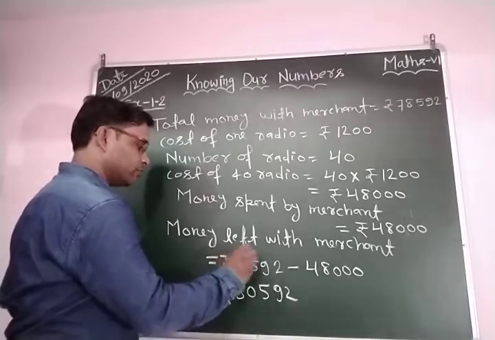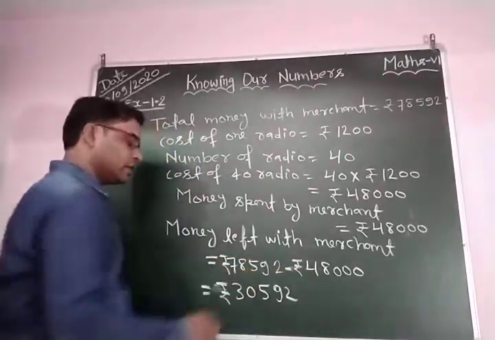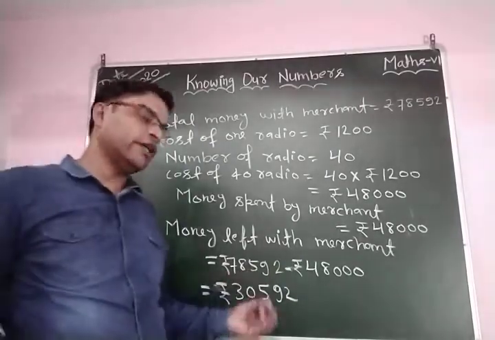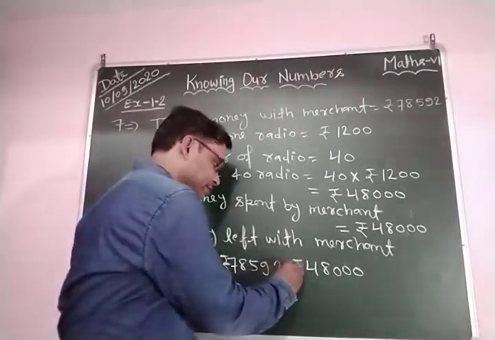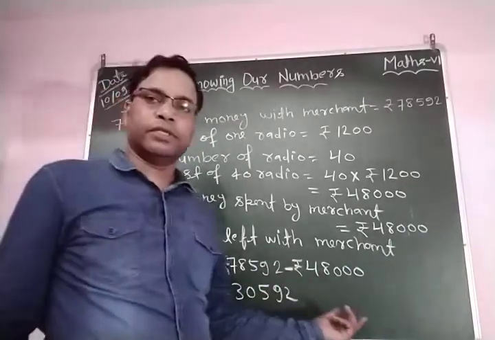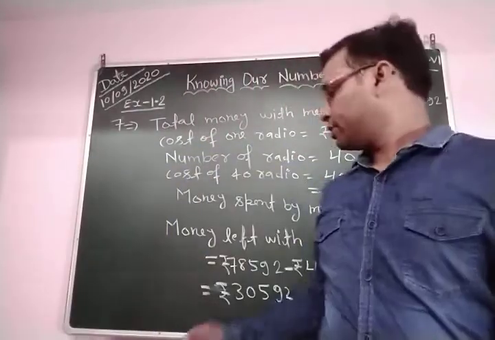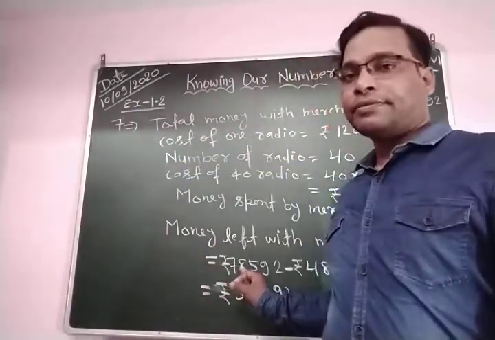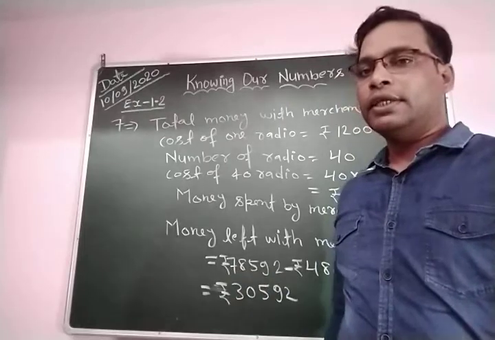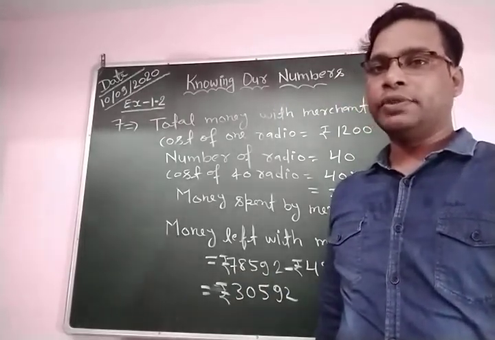Here this is the symbol of rupees. This is also the symbol of rupees. 78,592 minus rupees 48,000. When you subtract 48,000 rupees from 78,592, we obtain 30,592 rupees.